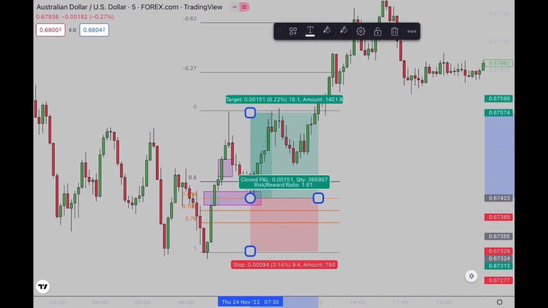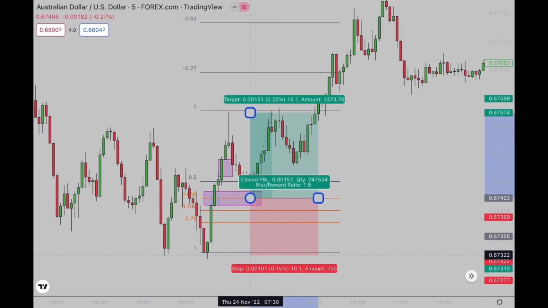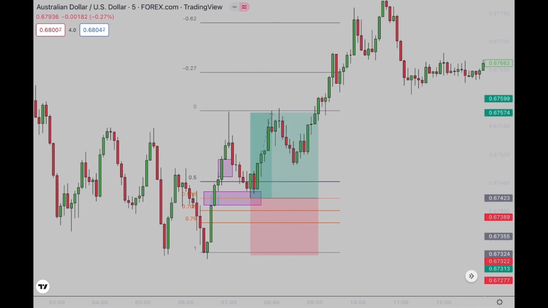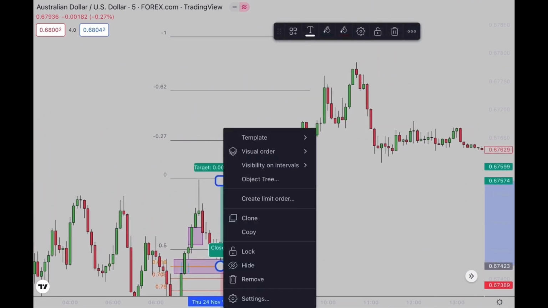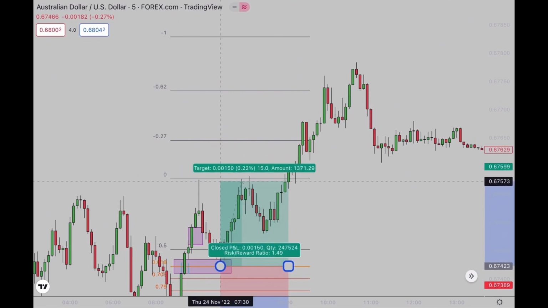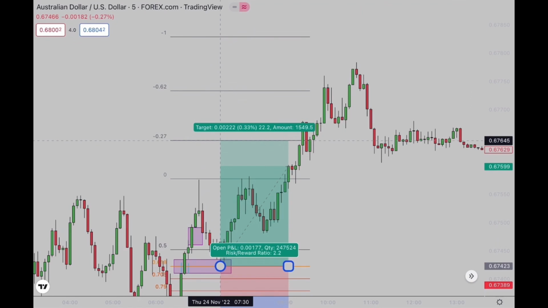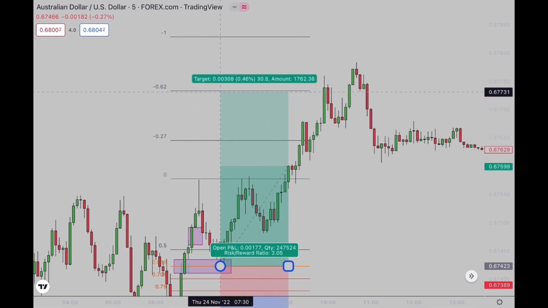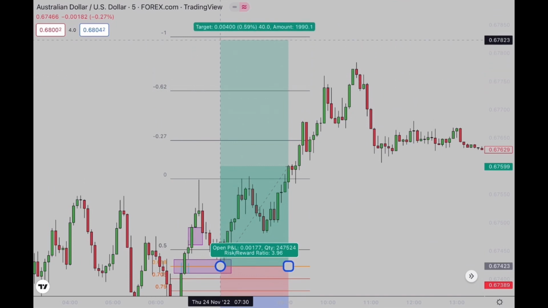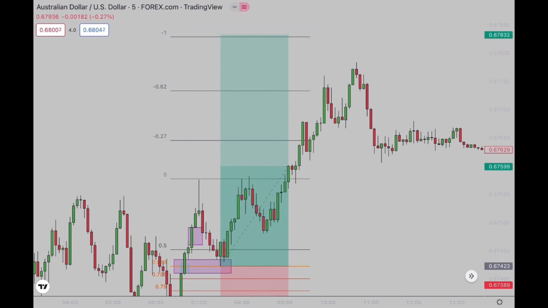Your stop loss would be below the low. Your first scaling would be right here, which has happened right there. Your second scaling would be right there. Your third scaling would be right there, and your fourth scaling would be here.